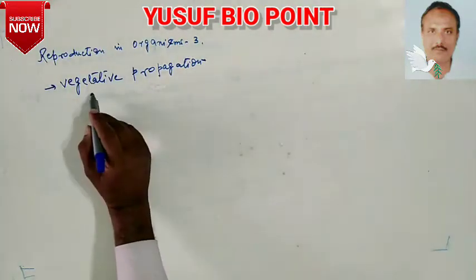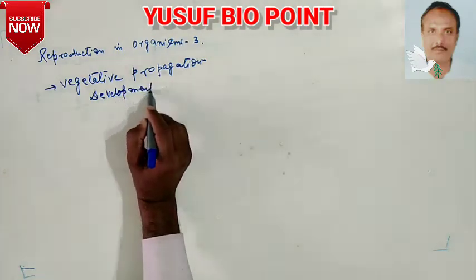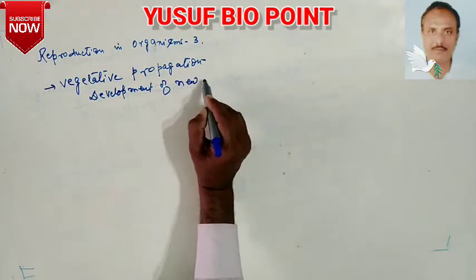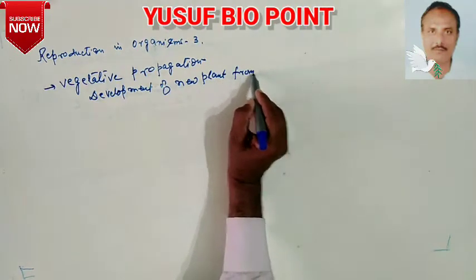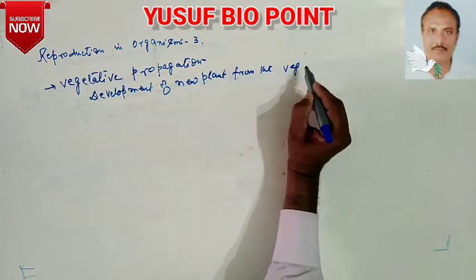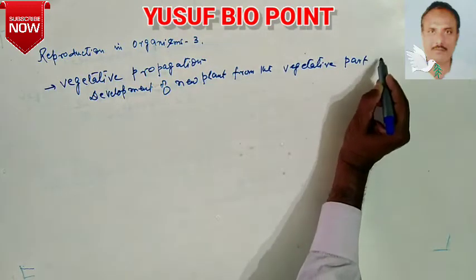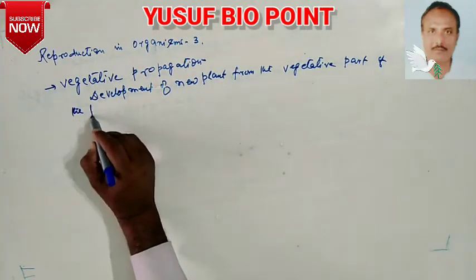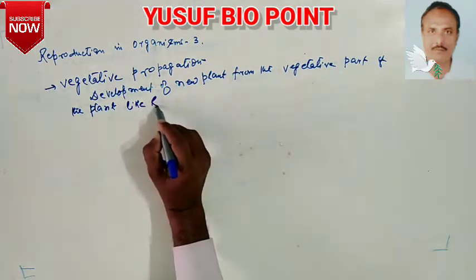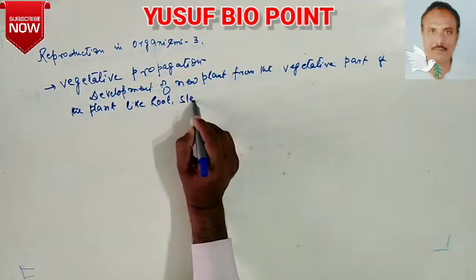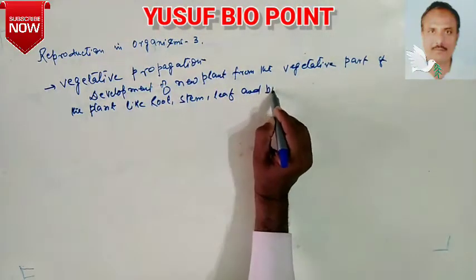Vegetative propagation means development of new plants from the vegetative parts of the plant, like root, stem, leaf and bud.